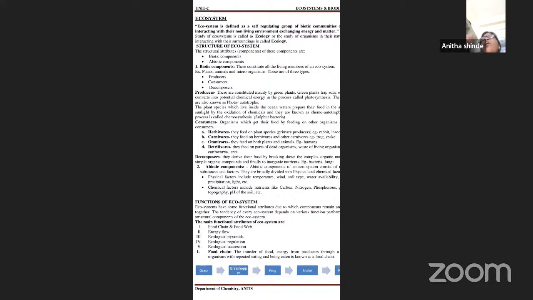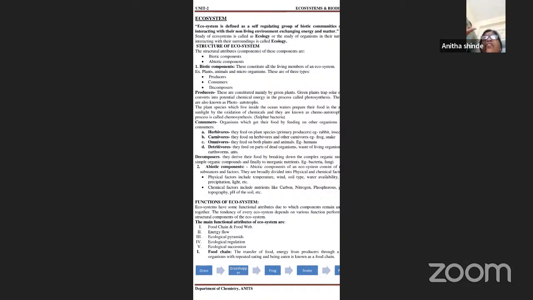We are getting the energy from the biotic component, not directly, though we take in the plants. But plants, from where do they get it? From the non-biotic component. So in one way we can say there is an interaction between the biotic and the non-biotic component.